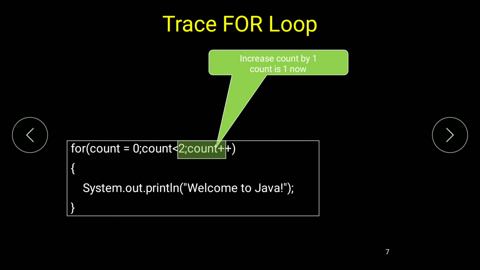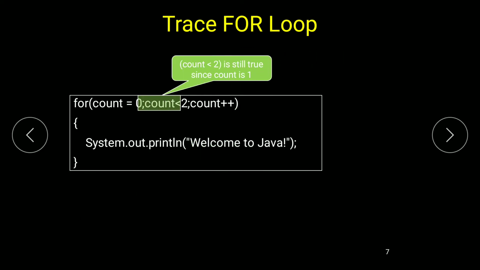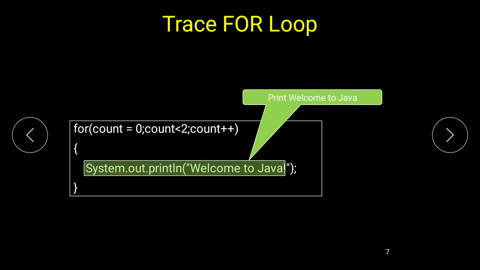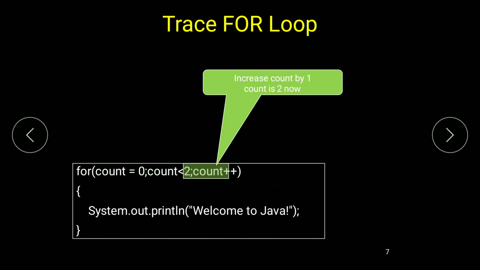After the incrementation, again comparison will be done. Then you can see here count less than 2. It will check if that condition is true, then it prints your output, and then one more time count will be increased.